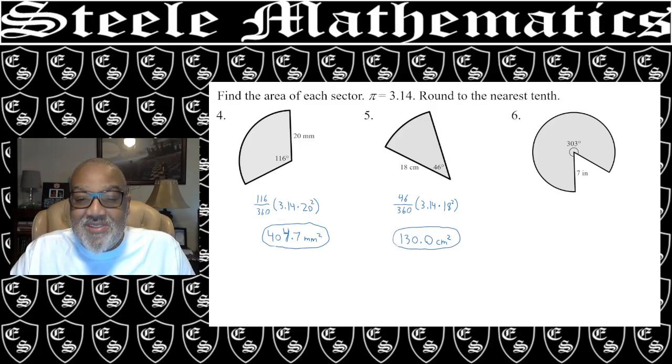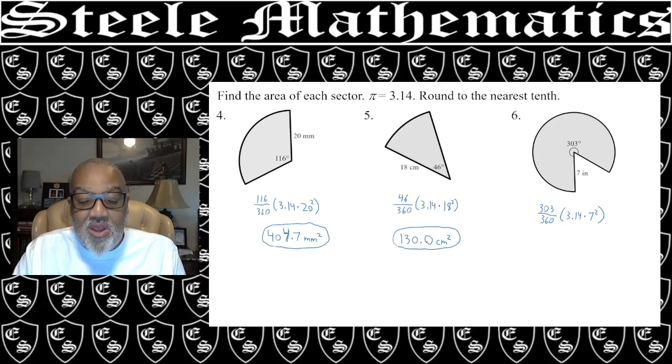All right, for number 6, the measure of the central angle is 303. So this is 303 over 360 times pi, which is 3.14, times 7, the radius, squared.